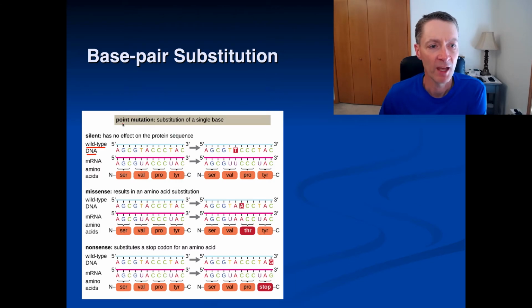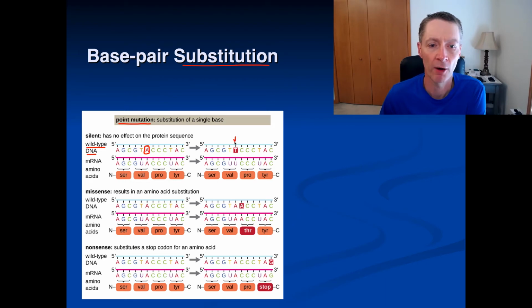What if we have a point mutation where we have a substitution for this A right here? So in the replication process, at some point long ago, right, or previous to this point, an A was not placed during the replication process, but a T was.